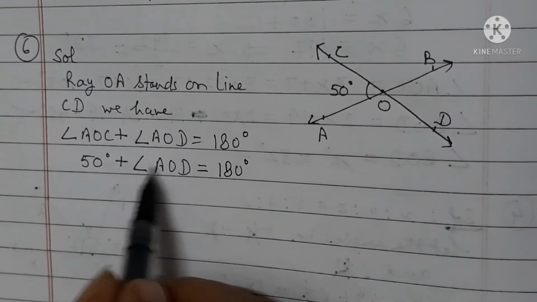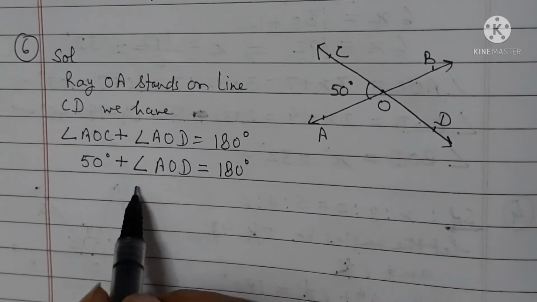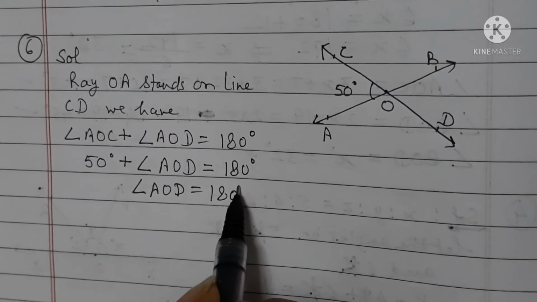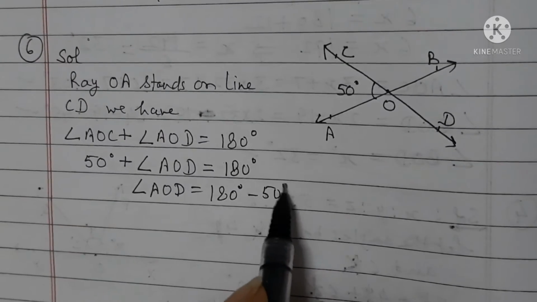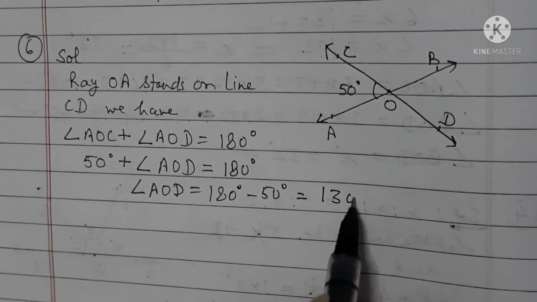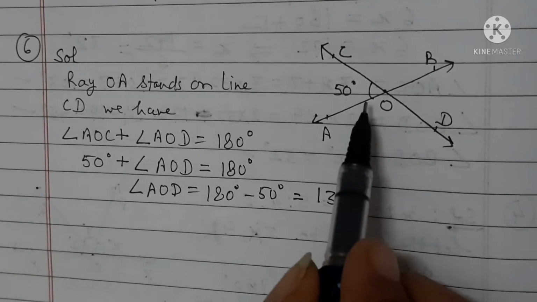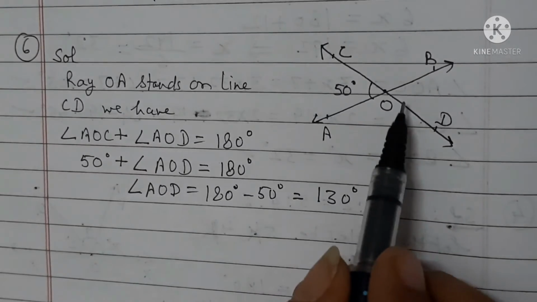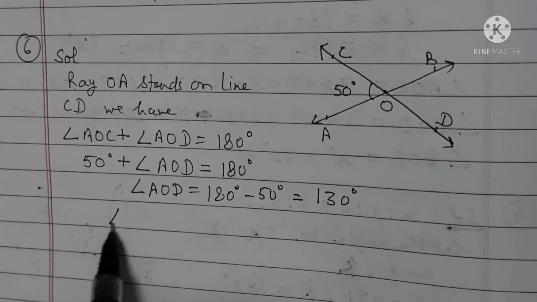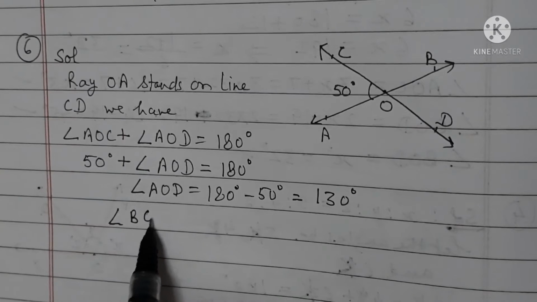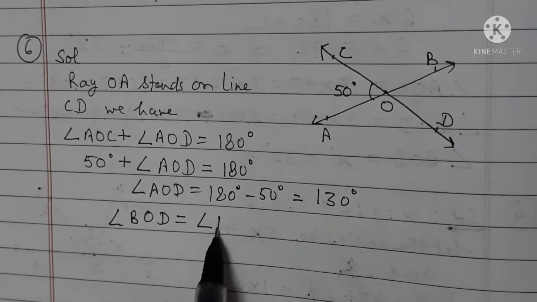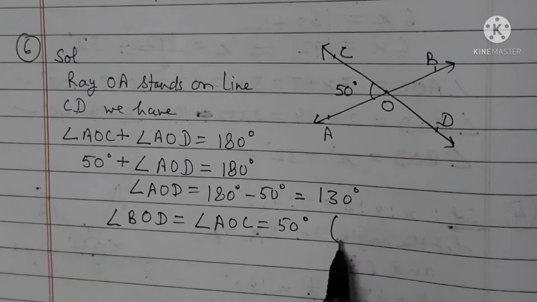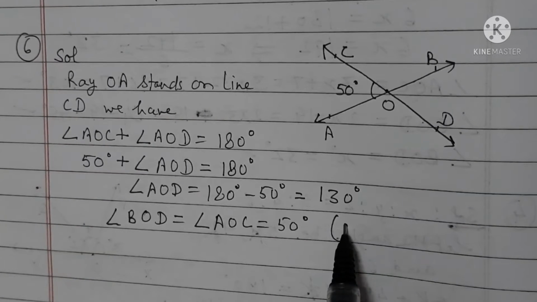Now substitute the value of AOC. Now AOD is equal to 180 degree minus 50 degree is equal to 130 degree. And here you can write angle BOD is equal to angle AOC is equal to 50 degree, because vertically opposite angles are equal.